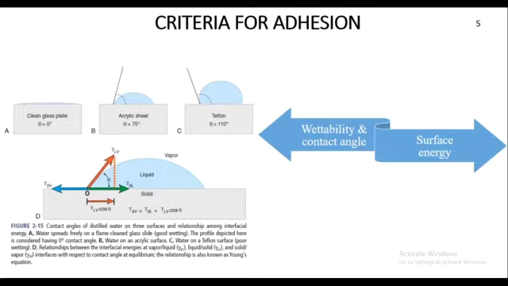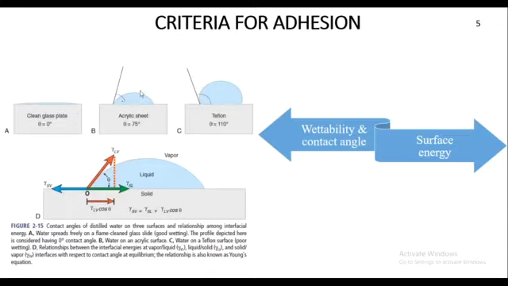So now you have to know about the criteria of adhesion, in which you have certain terminologies like wettability as well as the contact angle. As you can see in figure A, the water has spread freely and has a good wetting angle. That means the angle formed is 0 degree, which means it's a good wetting.